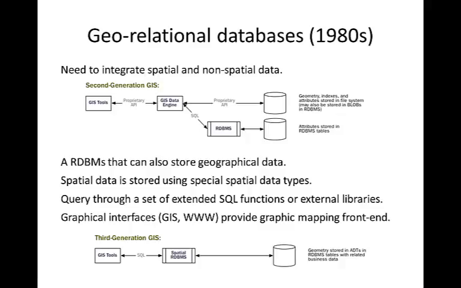And that's the situation we're now in with Postgres, for example. So we now have one database, a relational database management system, something like Postgres, that stores the spatial data in a spatial data model within the relational database, and normal relational data tables as well, within a single database.